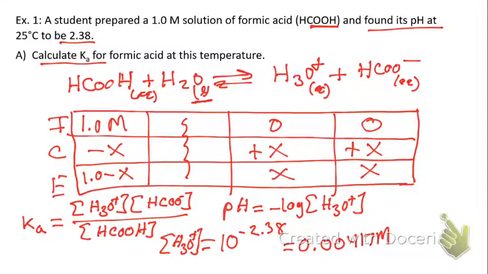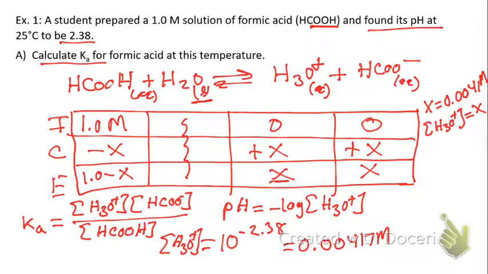So our hydronium ion concentration is 0.00417 molar at equilibrium. It turns out that that concentration is also our X value. So X is also equal to the hydronium concentration, 0.00417 molar, as you can see in our ICE table.